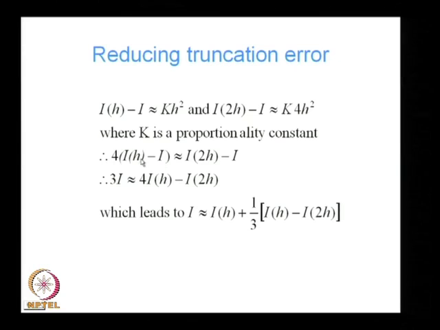Subtracting these two, we see that 4 times I of h minus I is approximately equal to I of 2h minus I. 4 times I of h minus I is equal to 4 times k h square. I of 2h minus I is again equal to k times 4h square. So, these two are equal. So, this gives me an equation for the exact value of the integral, which is I.